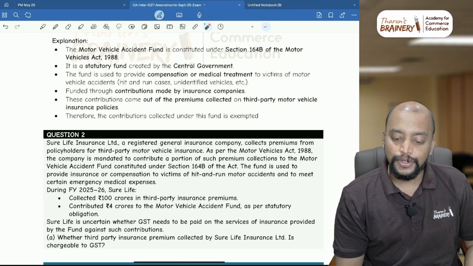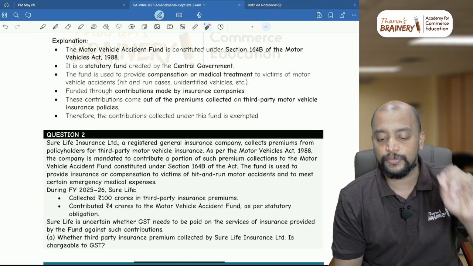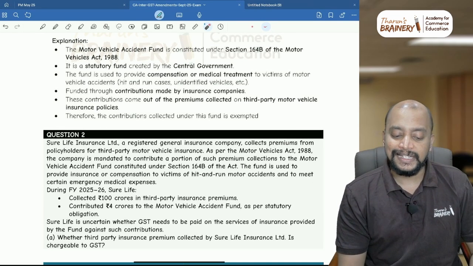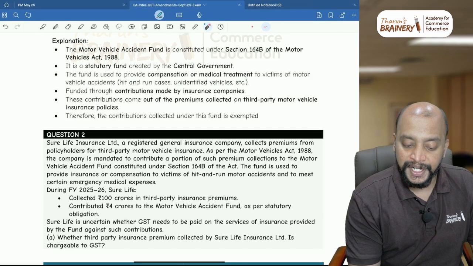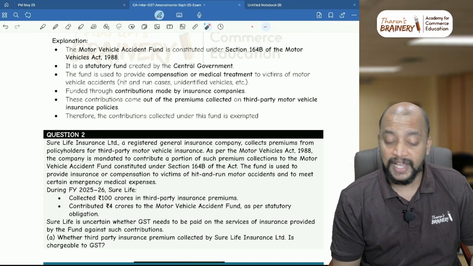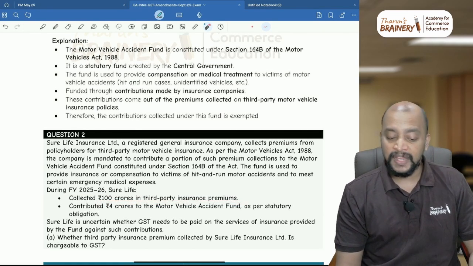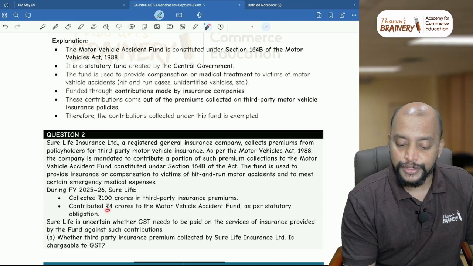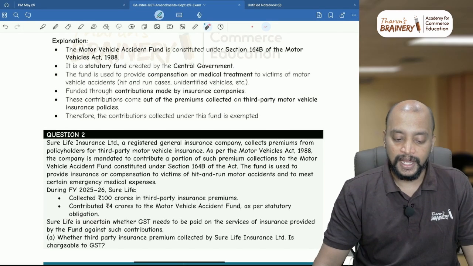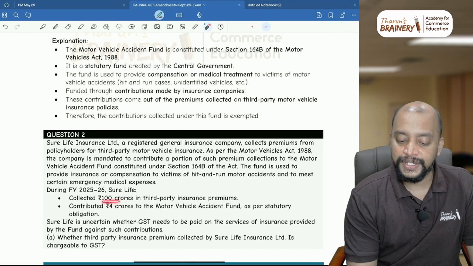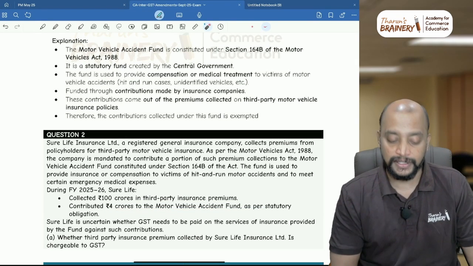The fund is used to provide insurance or compensation to victims of hit and run motor accidents and to meet certain emergency medical expenses. During financial year 25-26, Sure Life collected 100 crores in third party insurance premium and contributed 4 crores to the motor vehicle accident fund as per the statutory obligation. Okay, how much did they collect? 100 crores in third party and 4 crores to the motor vehicle accident fund as per statutory obligation.